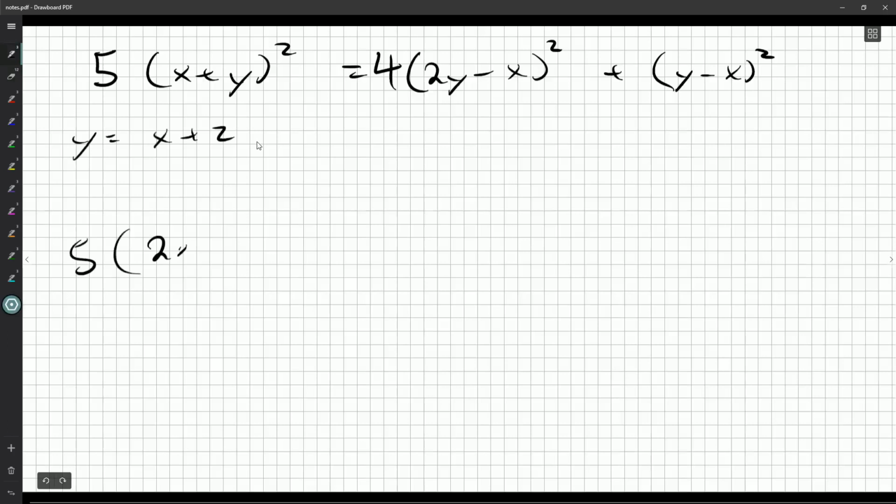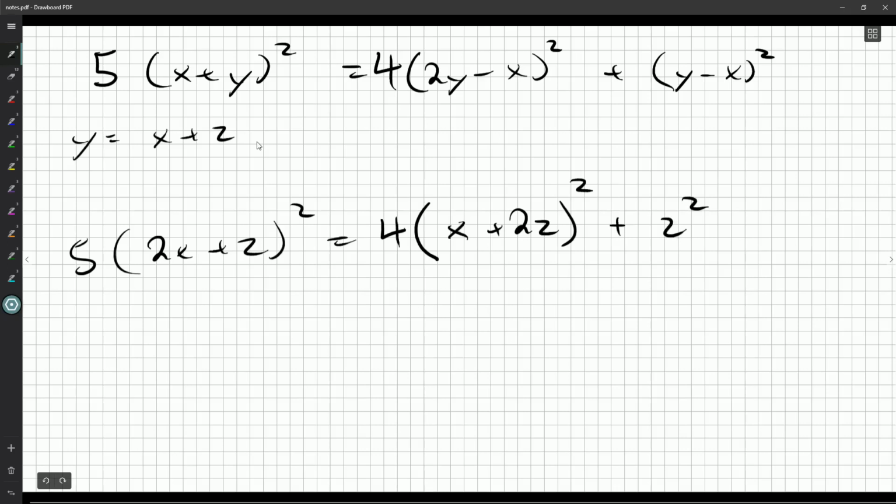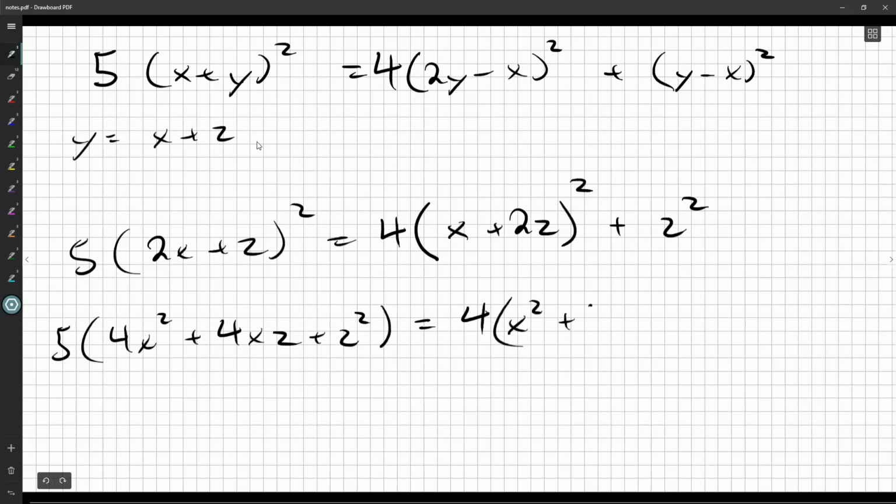So we get 5 times 2x plus z squared is equal to 4 times, this will be 2x minus an x, so it'll be x plus 2z squared, plus z squared. Okay, so let's finally expand this out. 5 times 4x squared plus 4xz plus z squared is equal to 4 times x squared plus 4xz plus 4z squared, plus a z squared.